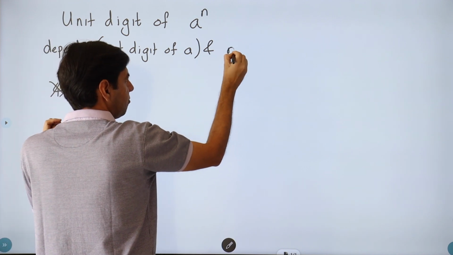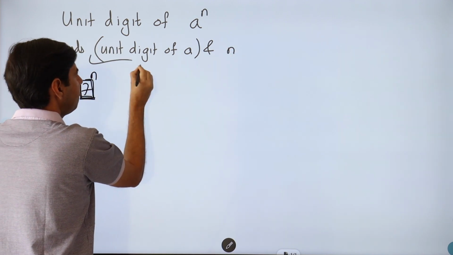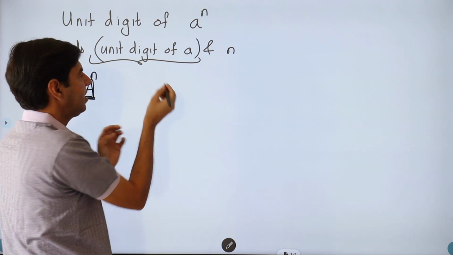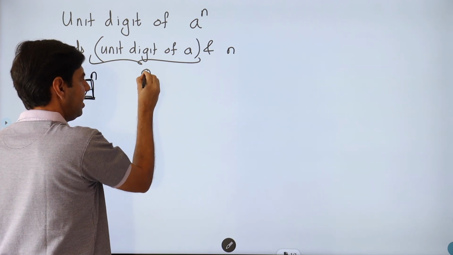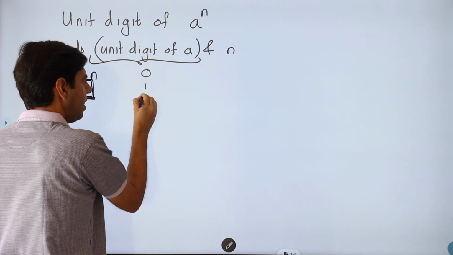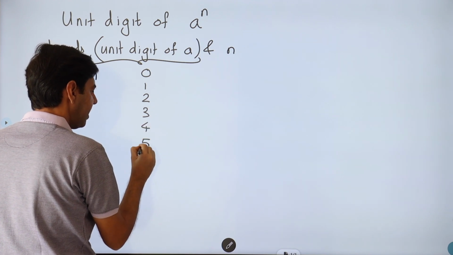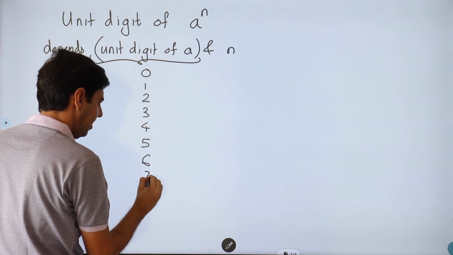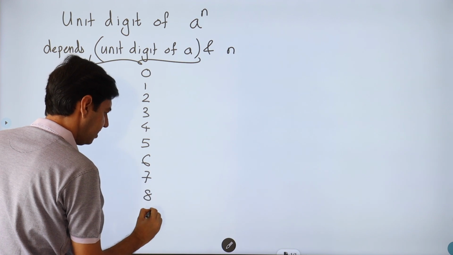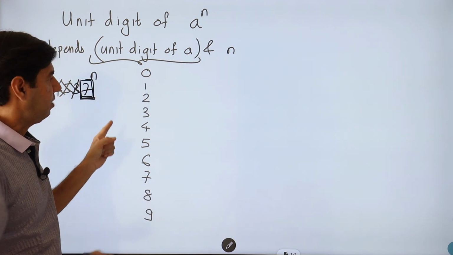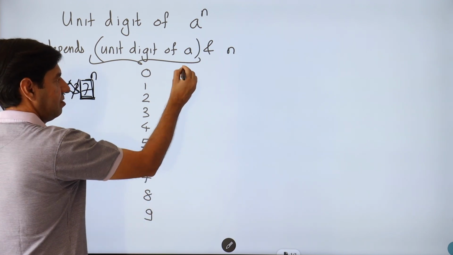I'll come to this N in a moment. When I talk of the unit digit of A, it can only have limited values: 0, 1, 2, 3, 4, 5, 6, 7, 8, 9. So from 0 to 9, there can only be 10 possibilities, and I just need to check for these 10 possibilities.